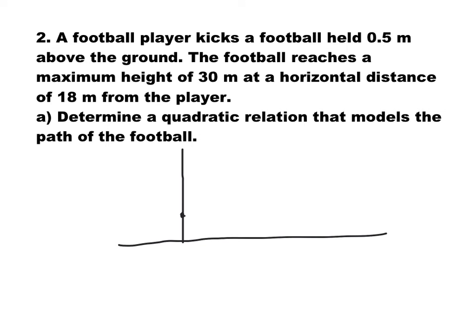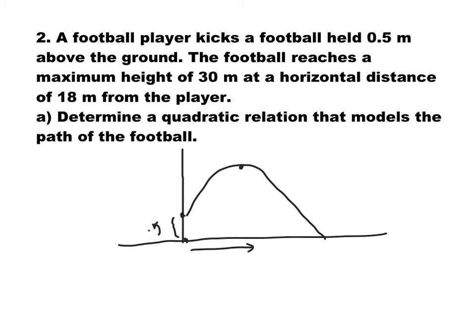that the player is standing at the coordinate system here, the origin. This one is 0.5 meters. The football goes up and comes down. The maximum is 30 meters, 18 meters from the player.